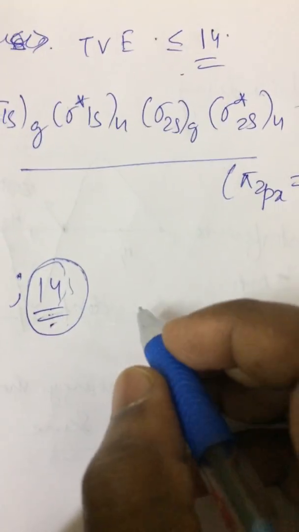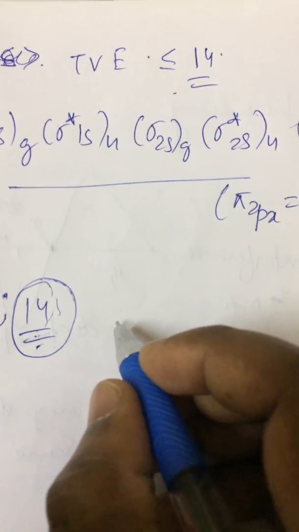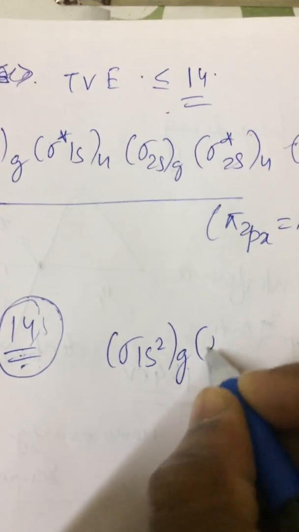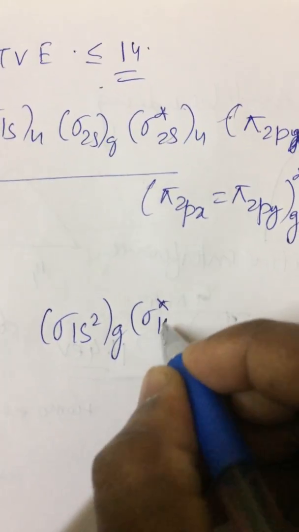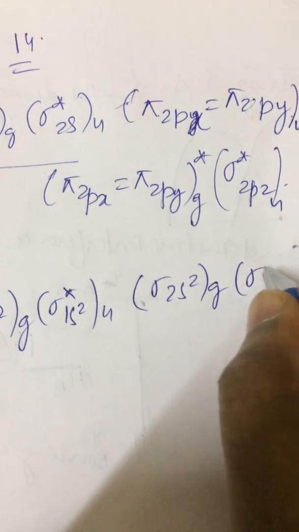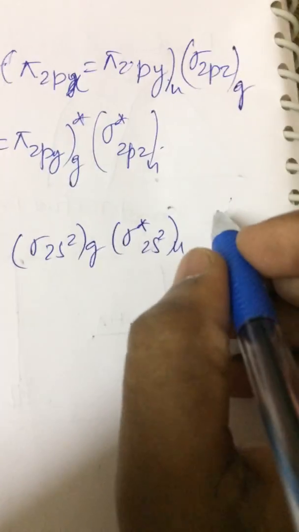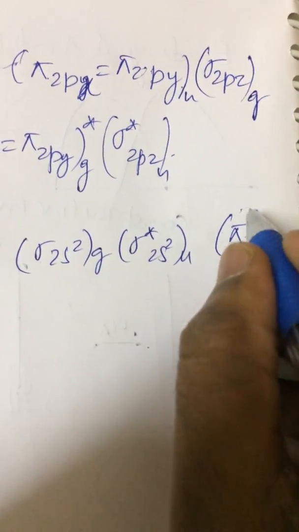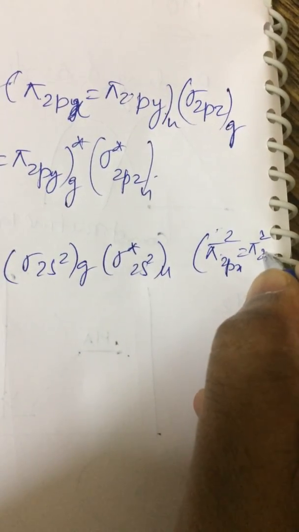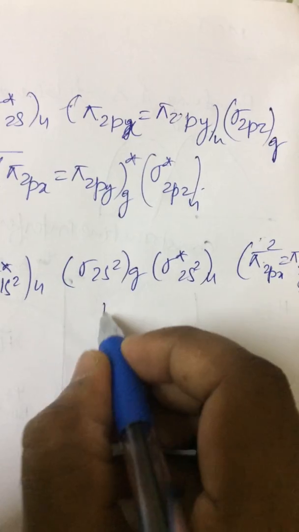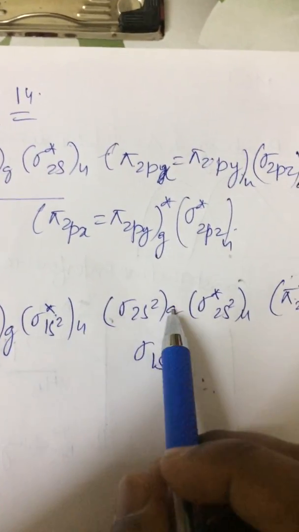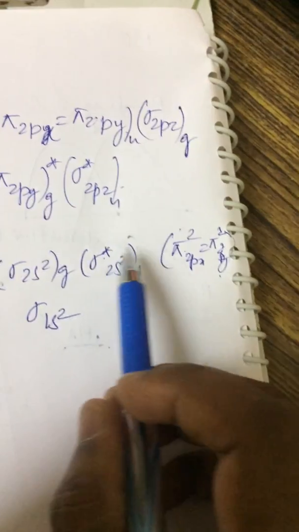If we fill this, as you know: sigma 1s squared is zeroth, sigma star 1s squared is ungerade, sigma 2s squared is zeroth, sigma star 2s squared is ungerade, and pi 2px squared equals pi 2py squared. Counting the total electrons: 2, 4, 8, 10, and 14.